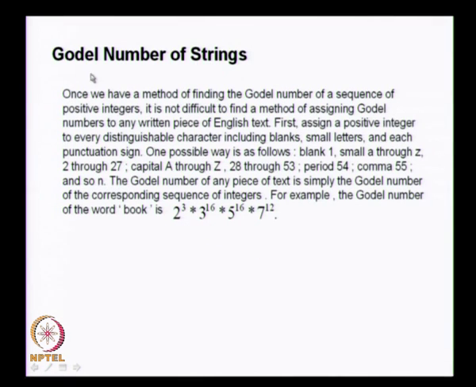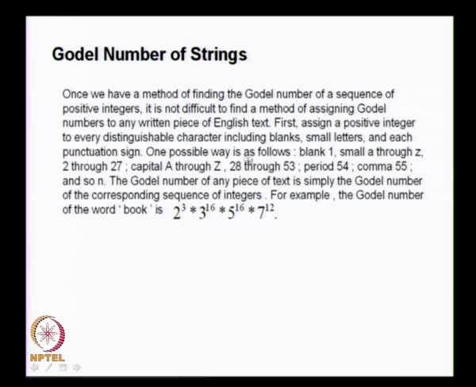Now, the same idea can be extended to strings, and this is the idea used by Gödel in his theorem. Once we have a method of finding the Gödel number of a sequence of positive integers, we can extend it to strings. How do we do this? Any written piece of English text you can assign a Gödel number. Now, assign a positive integer to every distinguishable character including the blanks, small letters of the English alphabet and punctuation signs.